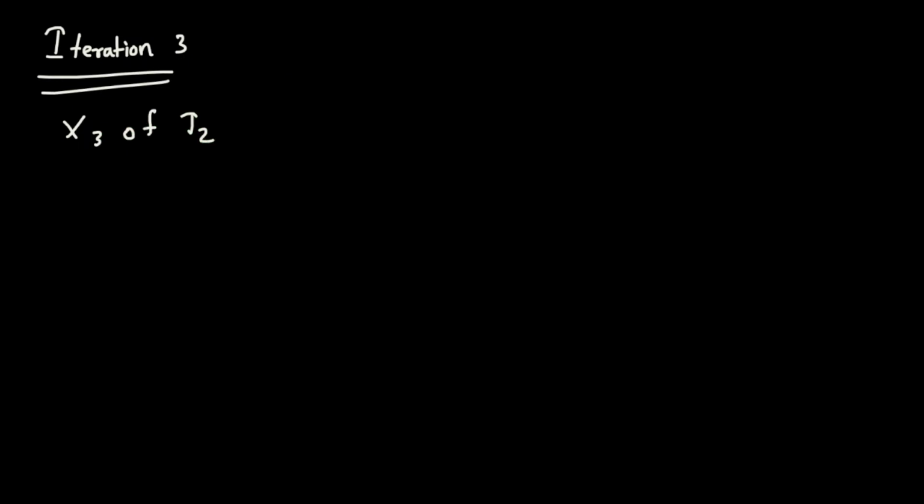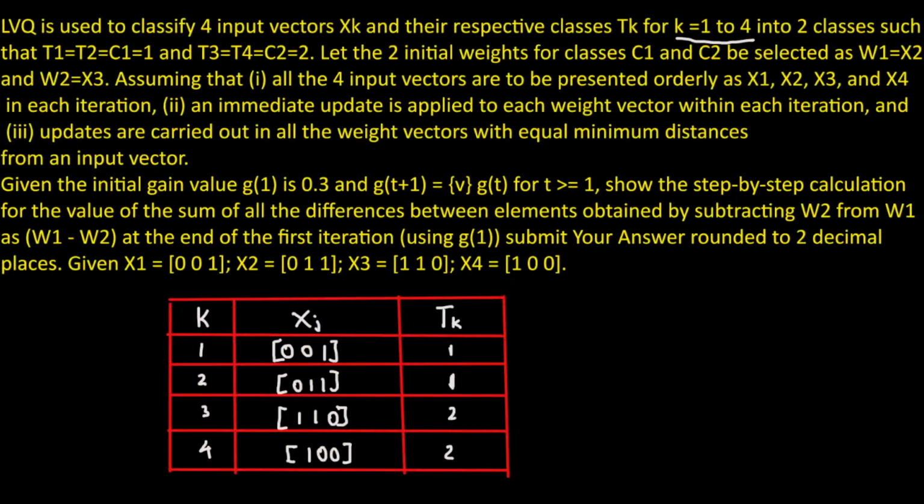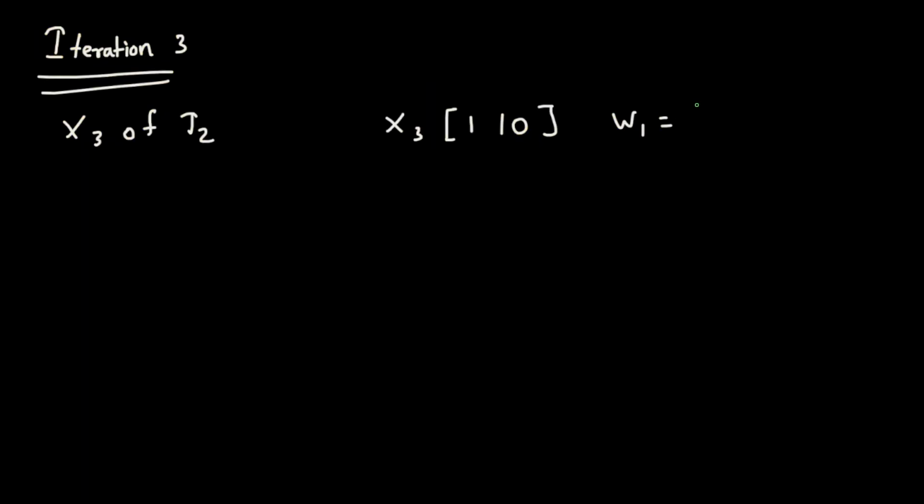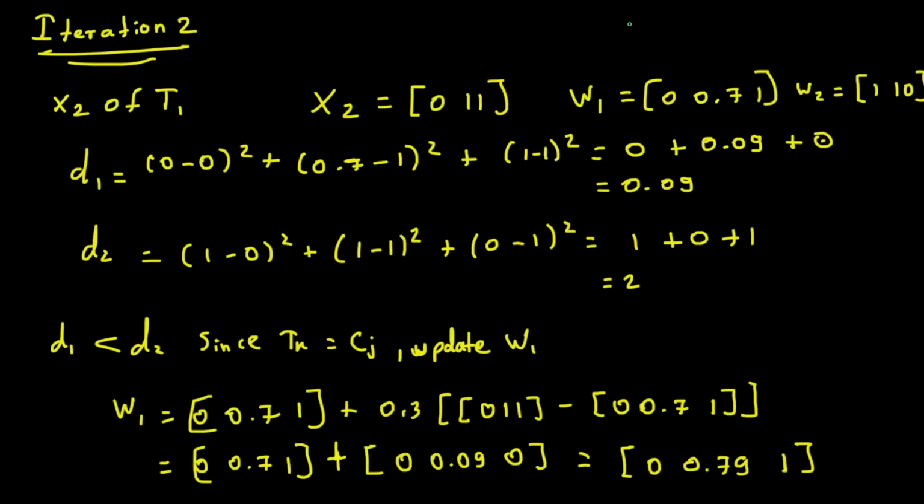So for this one, we need the x3 value, which is 1, 1, 0. And we need the W1 and W2. Now W1 was updated in the last one, which is 0, 0.79, 1. And W2, we didn't touch W2, we didn't change anything in the W2. It remains the same, which is 1, 1, 0.